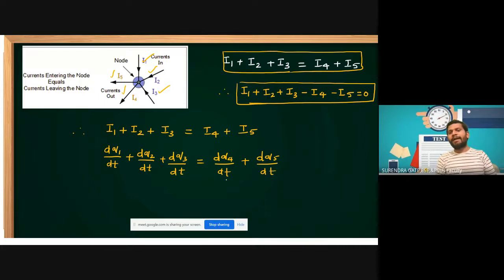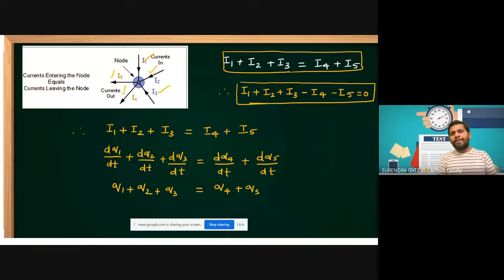I am writing the current in terms of charge. Then simply you can also write like this: q1 plus q2 plus q3 is equal to q4 plus q5.